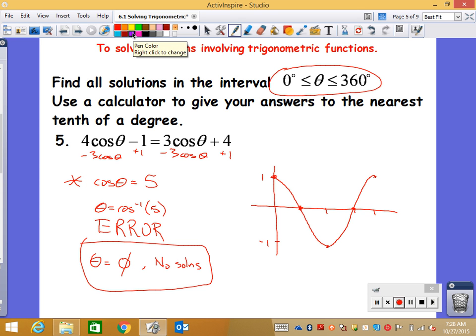Is there any angle, any x value or theta value that I can plug in that will give me a y value of 5? No, because my cosine is trapped in between -1 and 1. That's my bounds. So there is no value where my y value is 5 here, so there are no solutions.